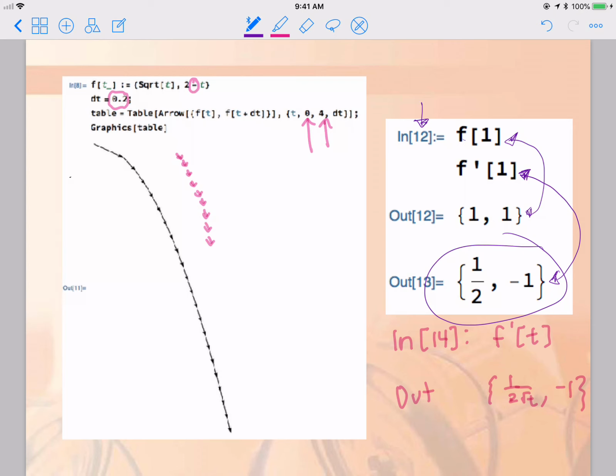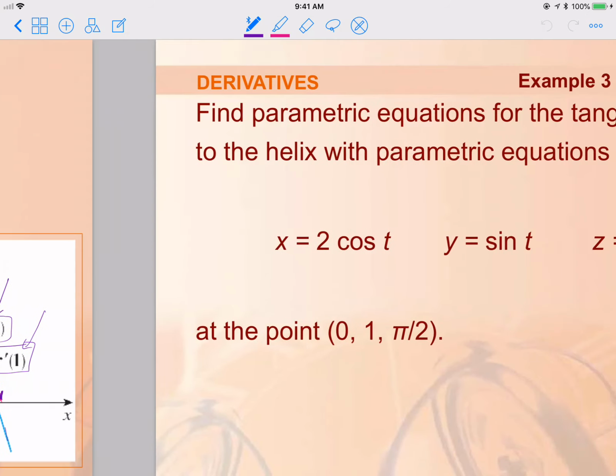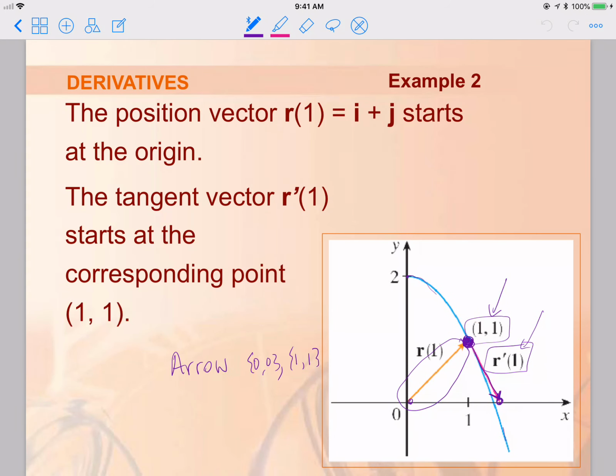Okay, so let's think about that. If we're starting at 1, 1, and we want to go 1/2 in the x direction and -1, that means we're going to go down 1. So then we should end up at 1.5, comma 0. Does that make sense?